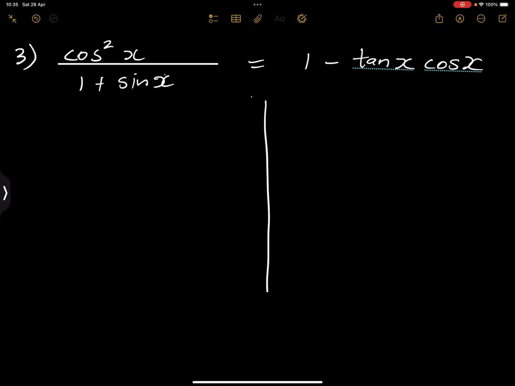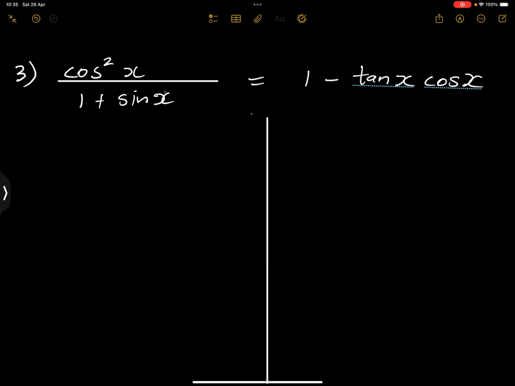So I'm going to separate those two sides. On the left hand side, I've got cos squared x divided by 1 plus sine x. In this case, there's really not much that I could change, but I've got an idea for that one. On the right hand side, however, we do have tan of x.